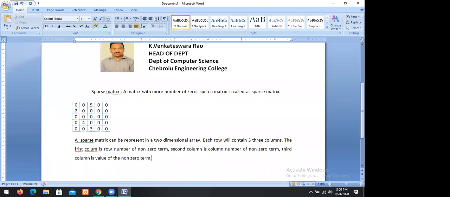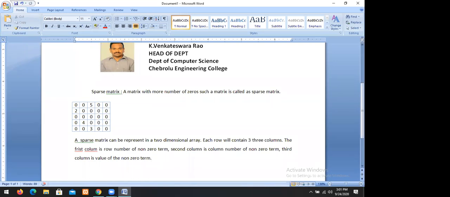A sparse matrix is represented in a three-column array view. Each row will consist of three columns. The first column is the row number of the non-zero term.